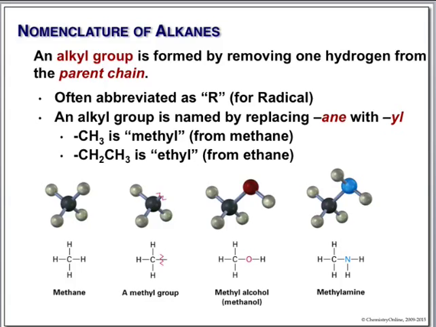For example, methyl alcohol. There's our CH3. The alcohol functionality is an OH. Methylamine. Here's our CH3, our methyl group. The amine is a nitrogen with 2 hydrogens. So this is just a general sort of nomenclature. Again, it describes the number of carbons that are attached as a branch to something else.